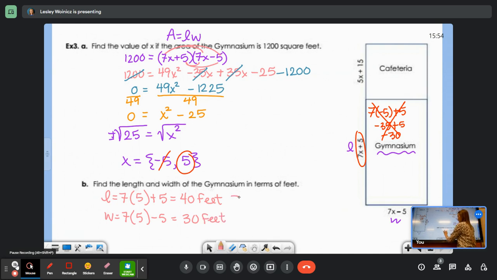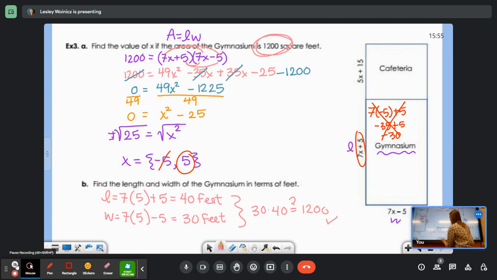Okay, and here's my check. If I multiply 30 times my 40, do I get my 1200 that I'm supposed to have started with for my area? And you can see the 3 and 4, that gives me 12, 0, 0. Okay, so that does work. You can check it on your calculator. Checks out. So we did it correctly.